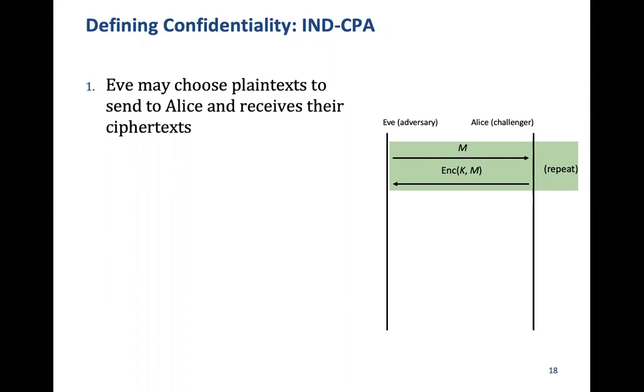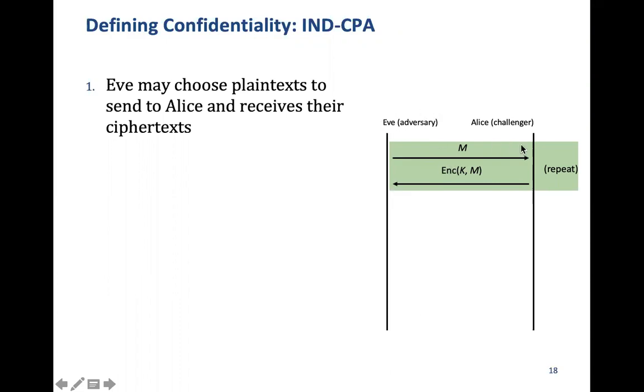There's a little change here. First, Eve wants to trick Alice, so she does a chosen plaintext attack. Eve sends some message M, and Alice encrypts this message and sends it back, so what Eve gets is the ciphertext.